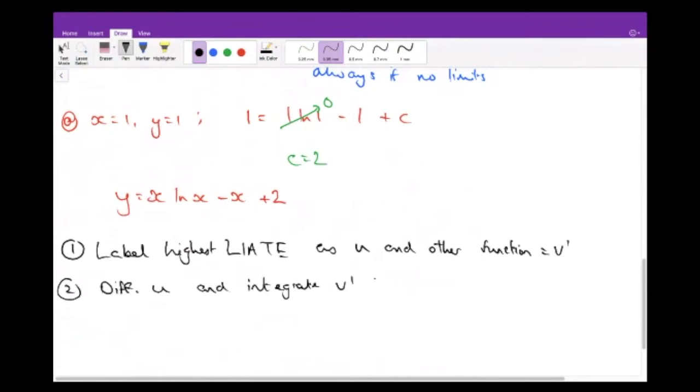When we integrate v dash, we do it definitely. We don't have a plus c. 3, use the equation uv minus the integral of vu dash.